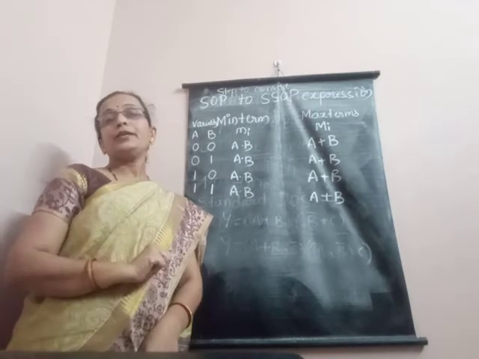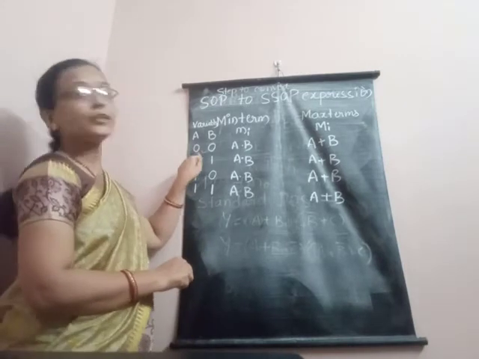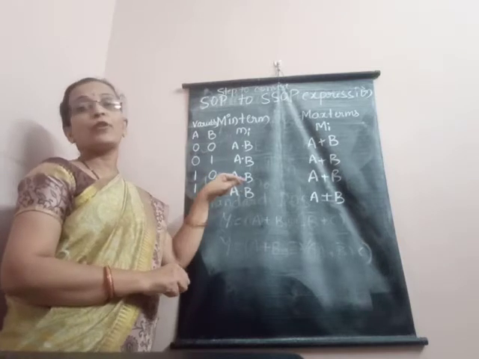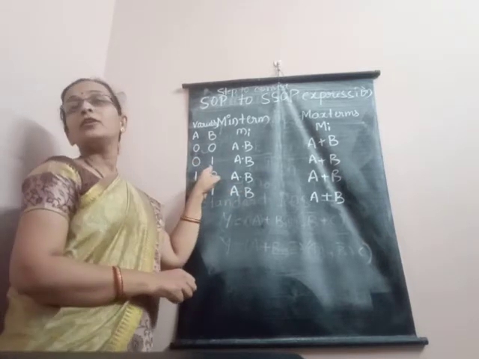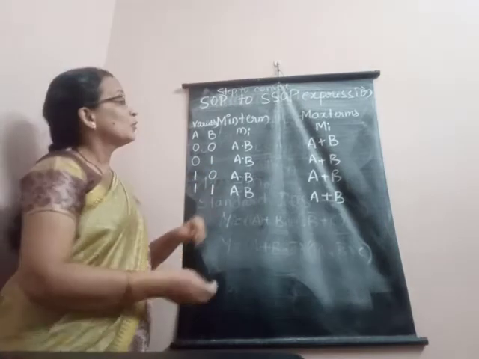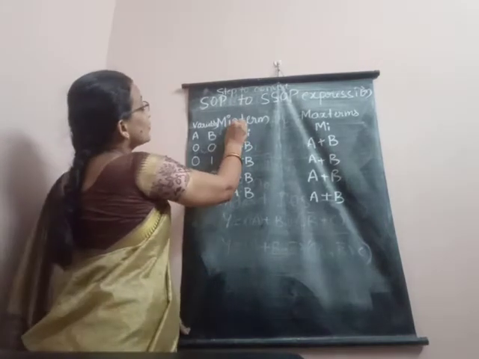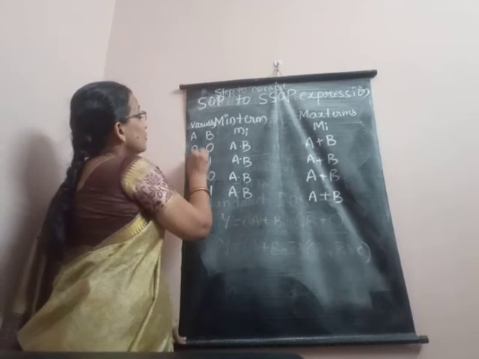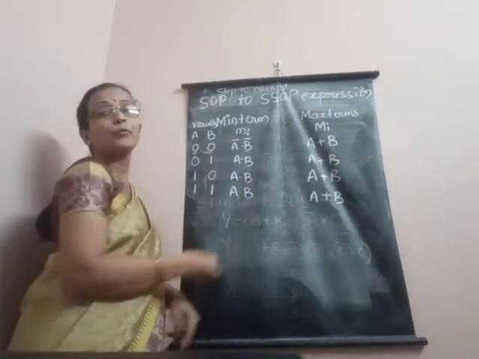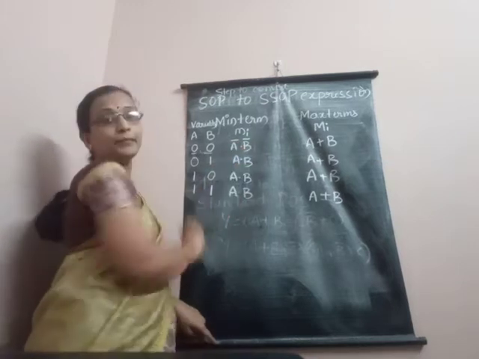In the case of min terms, a variable having logic 0 is represented in its complemented form and a variable having logic 1 is represented in its uncomplemented form. So I put complement on both A and B where they are 0.